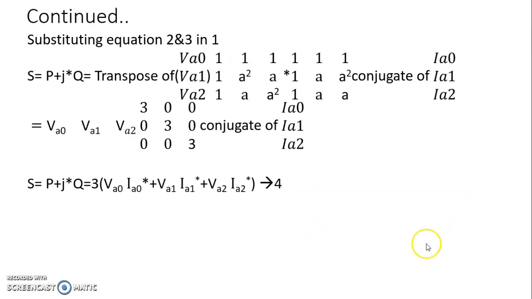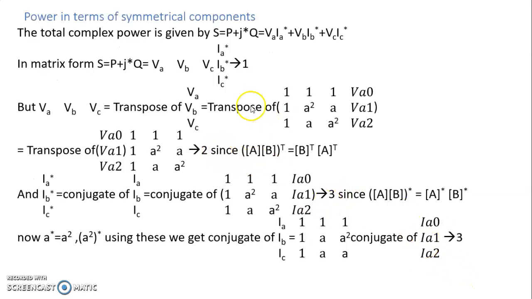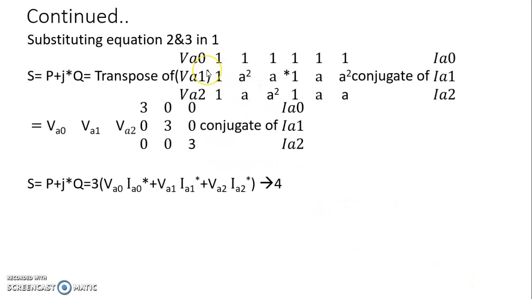Now we will substitute equations 2 and 3 in 1. If you substitute, we have the transpose as it is, VA0, VA1, VA2, and this we have solved already, into one more matrix of current: 1, 1, 1; 1, a square, a; 1, a, a square, then the conjugate of IA0, IA1, IA2.